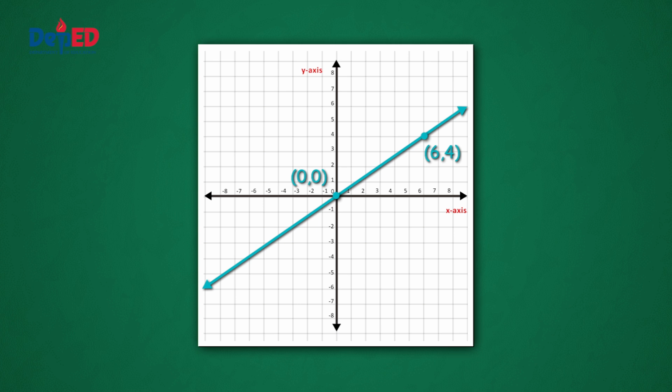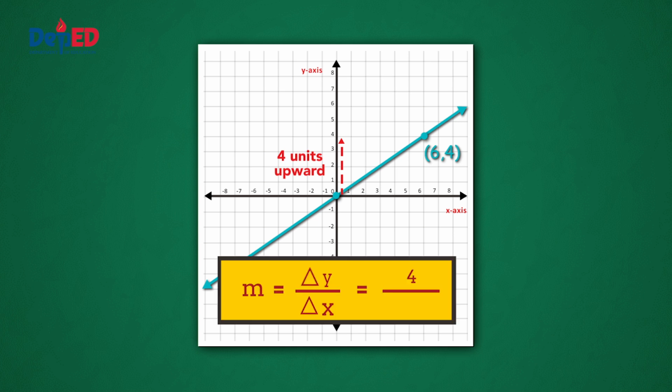Now let us count how many units is the change in position. First, let us count vertically. From 0, we will count 4 units upward. This signifies that the vertical change is positive 4. How about the horizontal change?